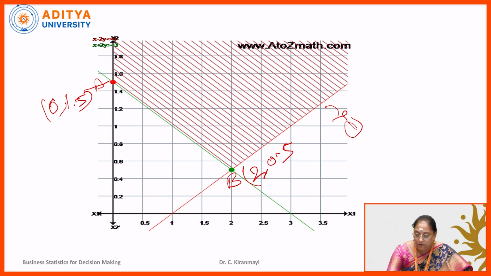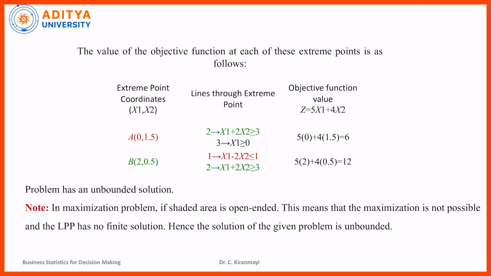Now we have to find the value of the objective function at these two points of the solution space. At A, substitute x1 with 0 and x2 with 1.5 in the objective function given in the problem, and the value is 6. Likewise, at B, the coordinates are 2, 0.5, substitute these in place of x1 and x2, and the value of the objective function is 12.